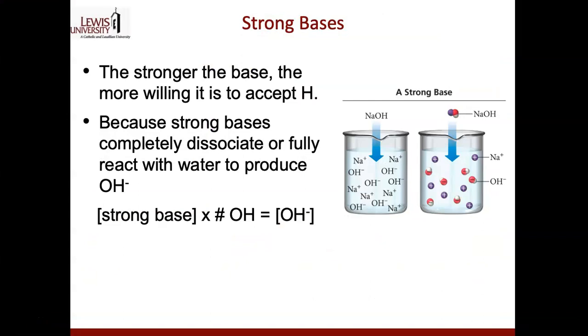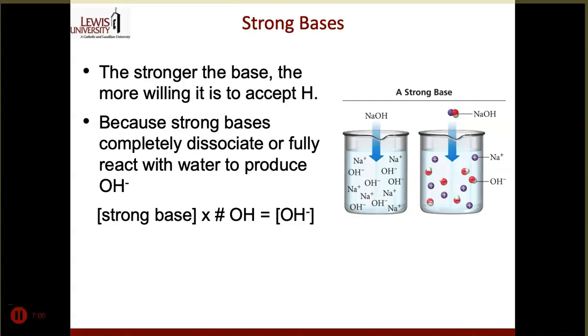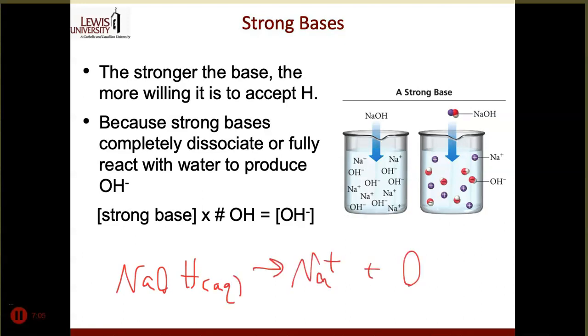Now, for bases, a strong base will also completely dissociate. So if you think about a base like sodium hydroxide, you could say, oh, when I have NaOH in solution, it's going to dissociate to create sodium ions and hydroxide ions, right? So that's an Arrhenius definition there. A base is anything that dissociates to create OH minus in solution. And so for strong bases that are hydroxides, the concentration of hydroxide in solution is going to be equal to the concentration of the strong base in solution times the number of hydroxides, and that gives you the concentration of hydroxide.